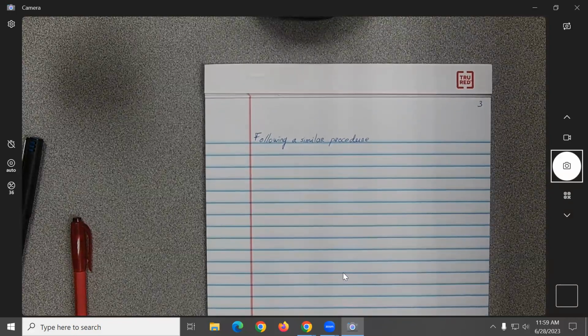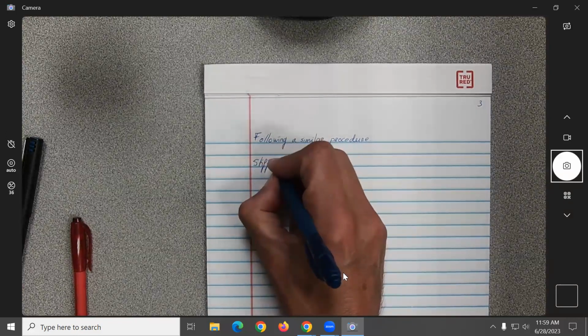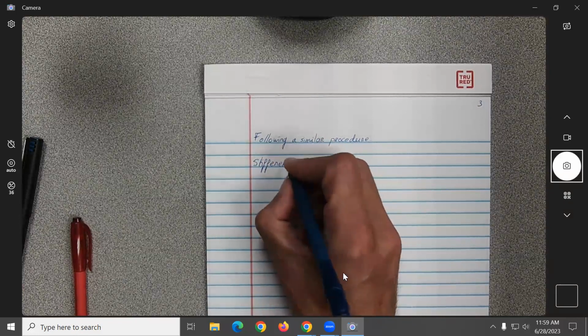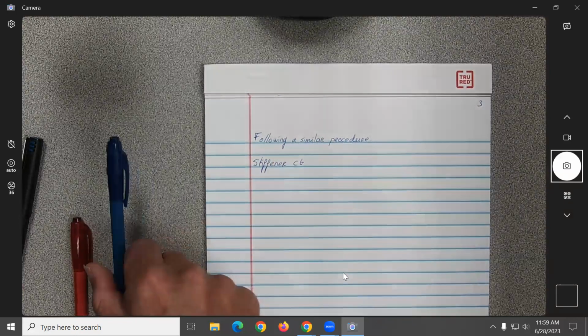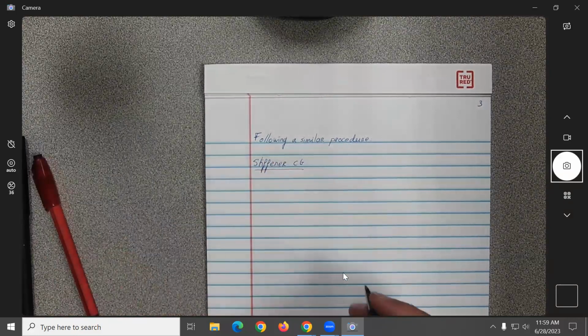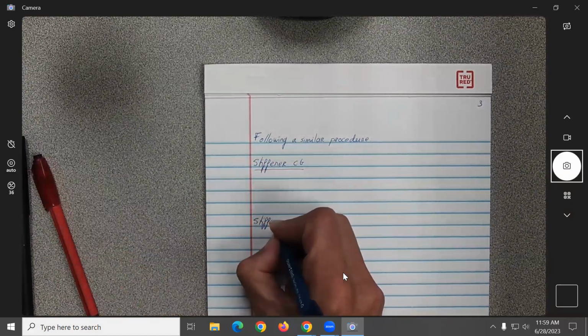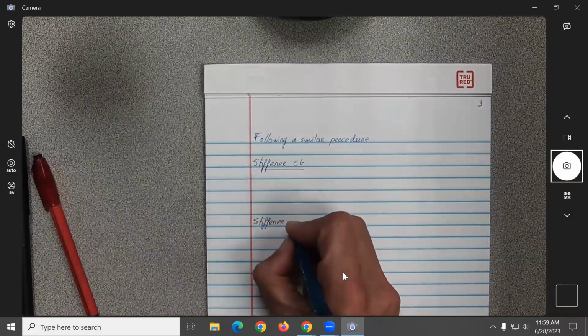All right, this one is to go too far. We can look at the stiffener CG. And the stiffener JK.